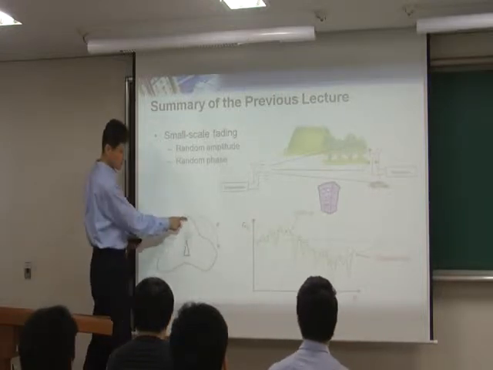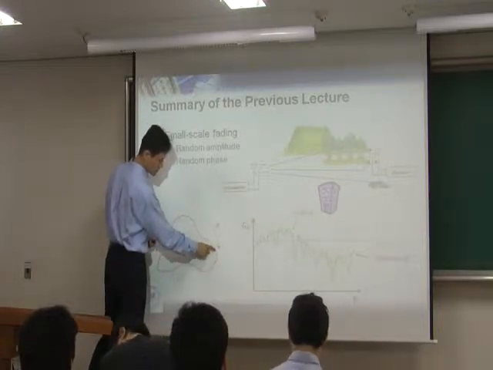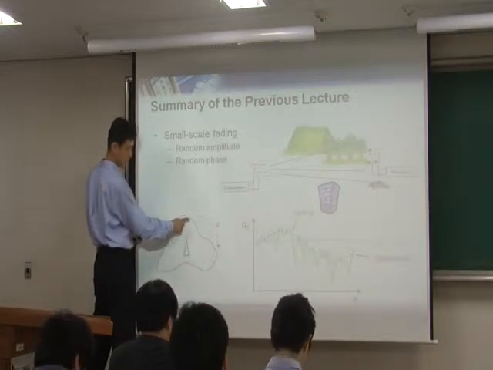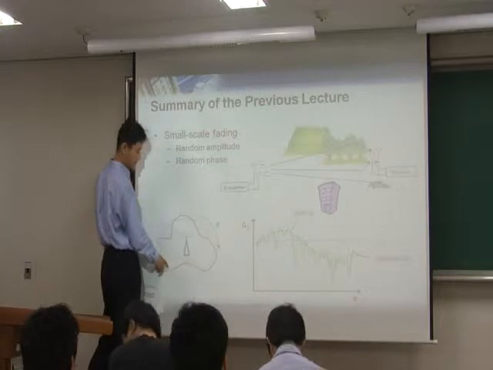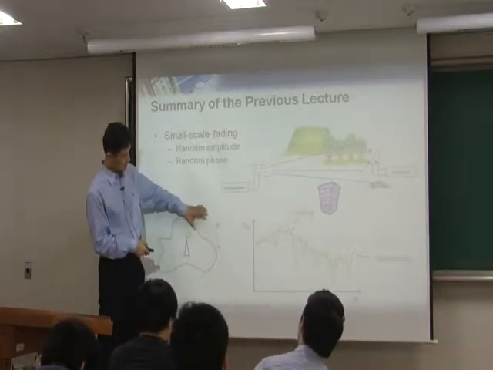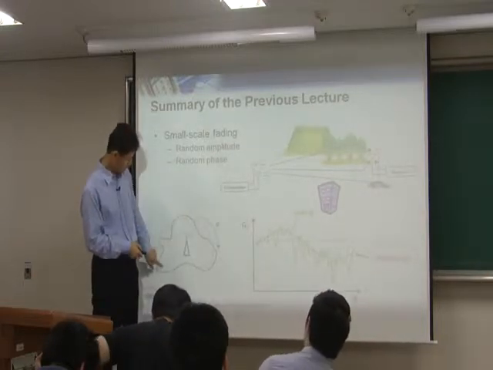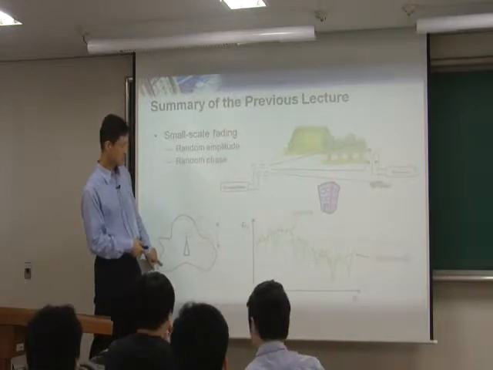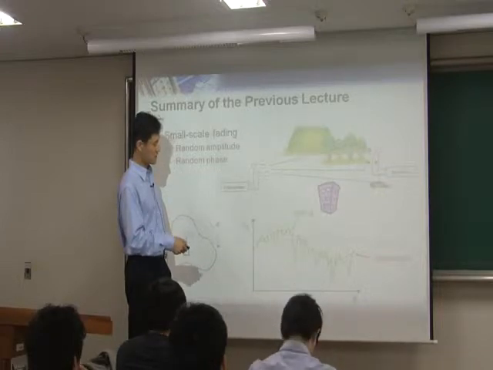So the users on this red shape will probably receive the same power, in other words, an equi-receive power region. So the guys here probably receive a little bit higher, a little bit lower power, and guys here or here probably receive higher power than average. So that's shadowing, but it's a medium scale.